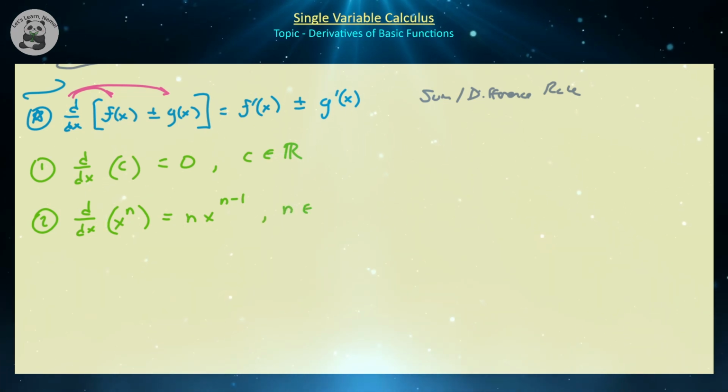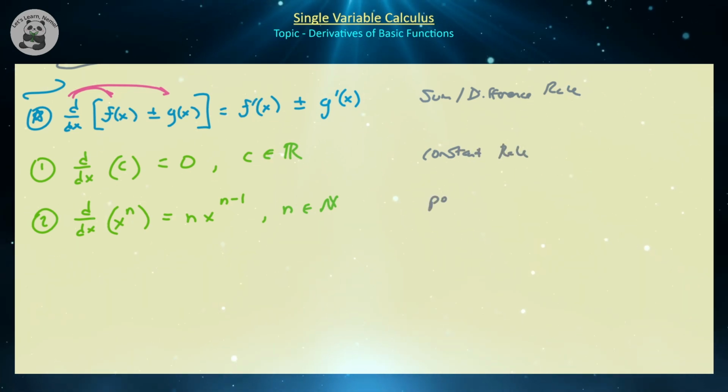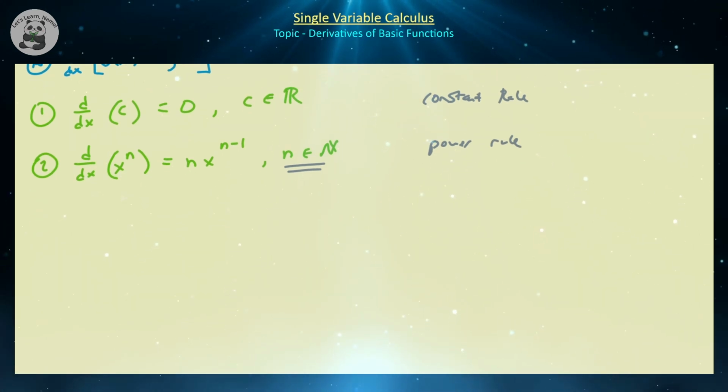And at least we proved that this is true for the set of natural numbers. And that's what we call the constant rule. So we have the constant rule, and we also have the power rule, which eventually we're going to extend beyond the set of natural numbers, in particular to the set of real numbers, but we'll introduce that a little bit later. So let's work through just a couple basic examples just to make sure we understand these basic rules.